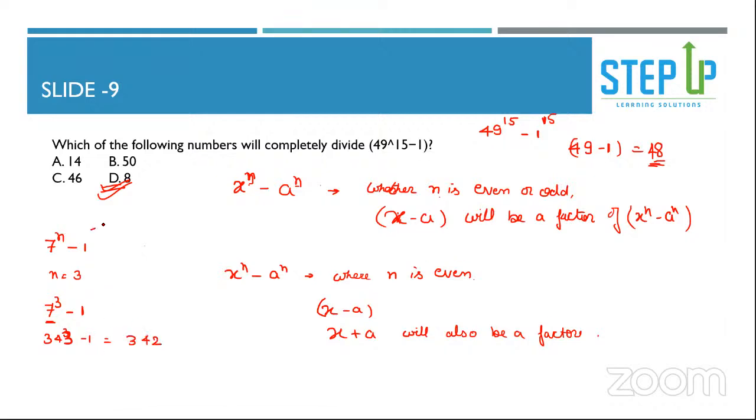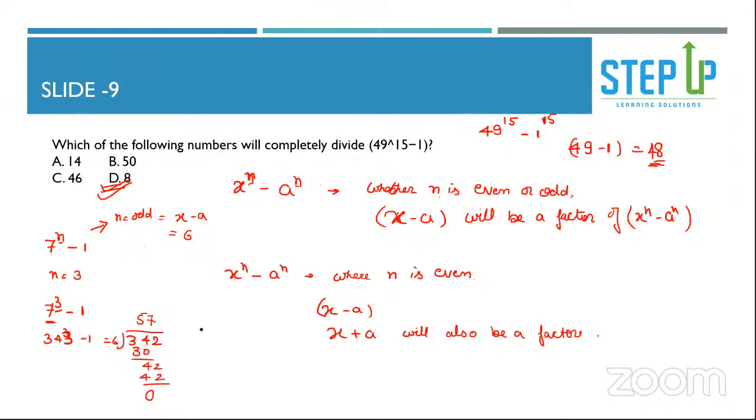Now as n is odd, x minus a will be a factor for sure. That is 7 minus 1, so 6 will be a factor. Divide 342 by 6. 6, 5, 30 and 42. 6, 7, 42. It is dividing completely.